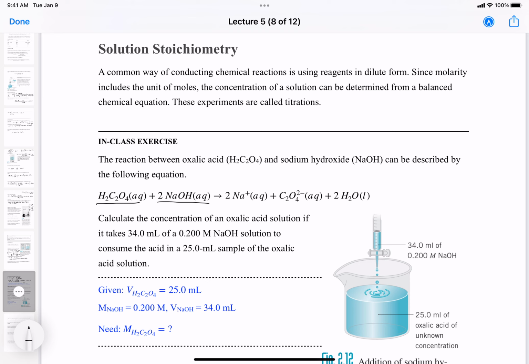H2C2O4, oxalic acid. If you don't know what oxalic acid is, it's found in certain plants. One common source of oxalic acid is spinach. If you eat too much spinach, you may feel sick, and that's because of the oxalic acid.